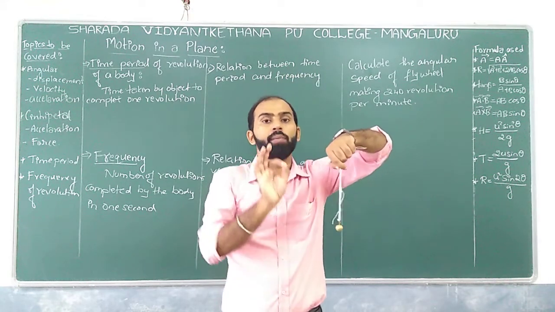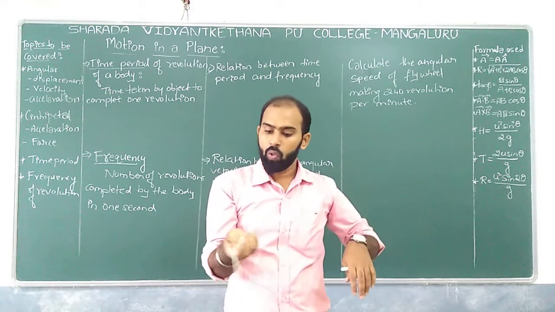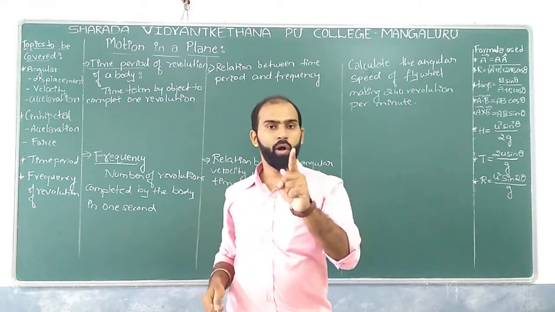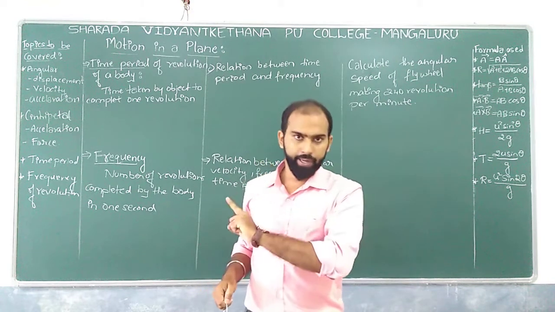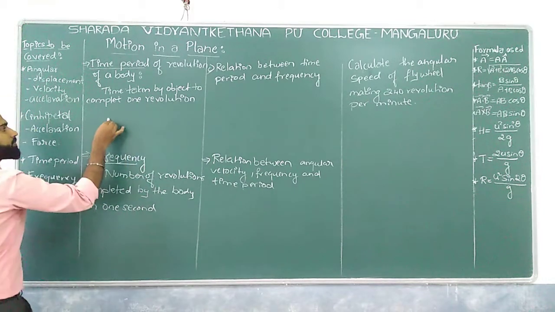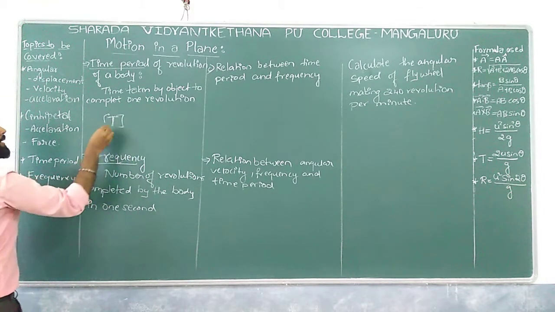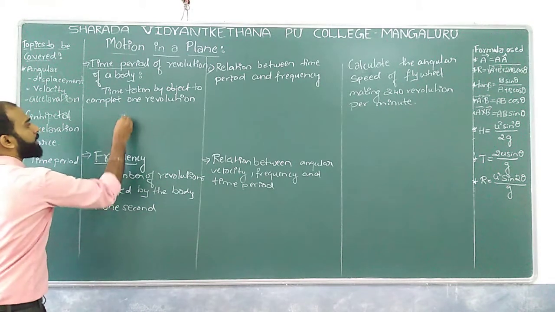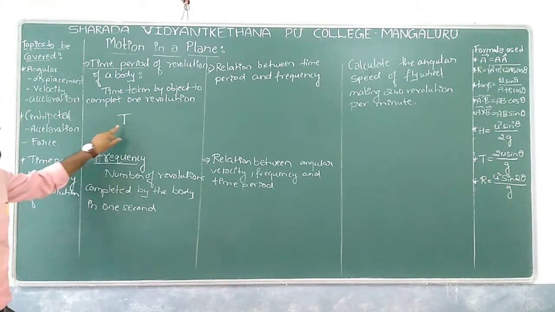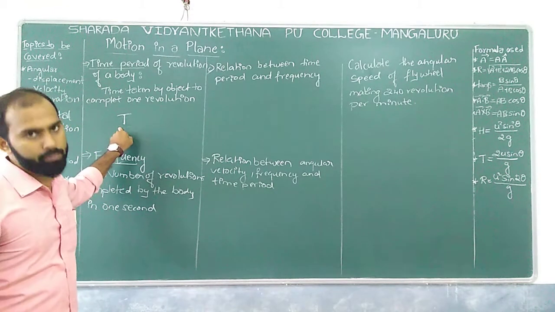So how much time it takes to complete one revolution, we call that the time period. The time period is indicated by the letter T, which represents the time period of revolution of the object.